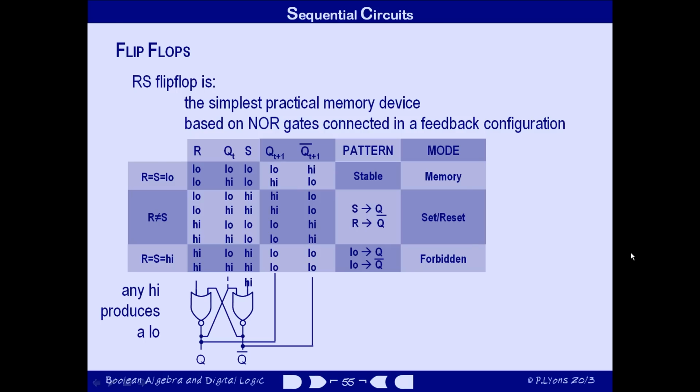We've designed a circuit that can load a bit of information and store it, but we have to avoid some input combinations because they generate an inconsistent output. That's not really a very satisfactory situation. We'd really prefer the circuit to behave sensibly under all input conditions, so that leads us on to think about problems with RS flip-flops.